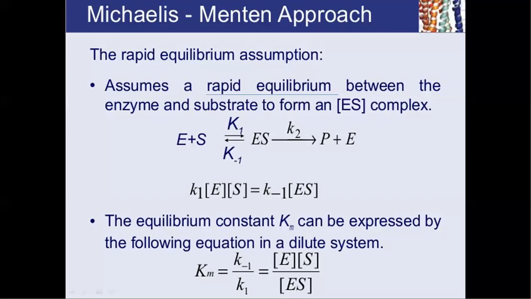ES concentration. But here, this equation comes from the equilibrium reaction, that is K1 and K minus 1. But here, this enzyme is not the total enzyme. So we are converting this enzyme portion into total enzyme in the next step.